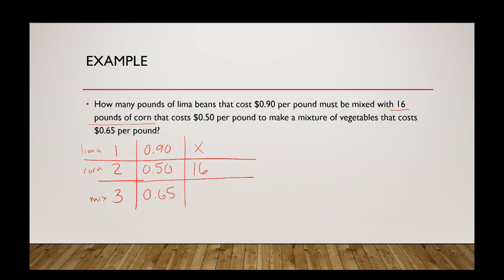So in the last example, I told you 1 plus 2 always equals 3. So in other words, x plus 16 would give you 3. 1 plus 2 equals 3. So that's how I would represent that. A little different than the last example, but now the same thing applies. You multiply as you move over. So this would be 90 cents times x.